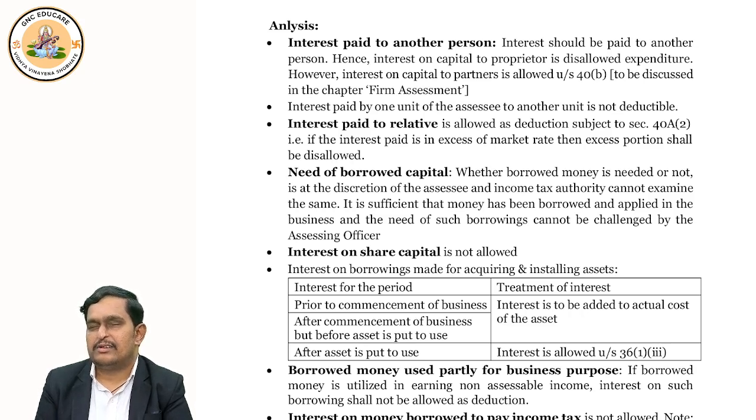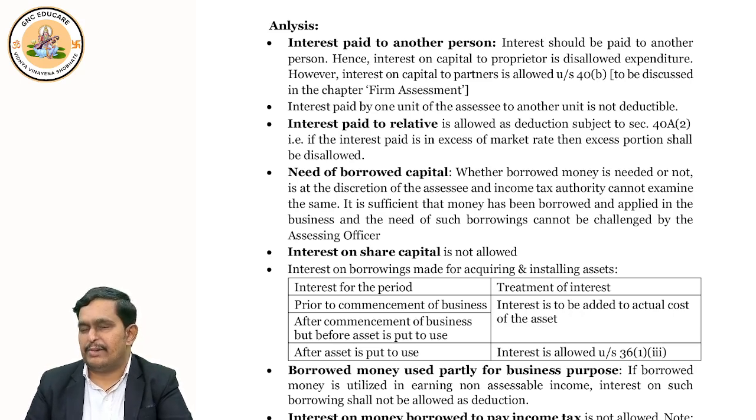Okay, come to the second point. Now think about an organization that has multiple departments. One department gave a loan to another department. What I said, one department gave a loan to another department. Tell me, they charged interest also.